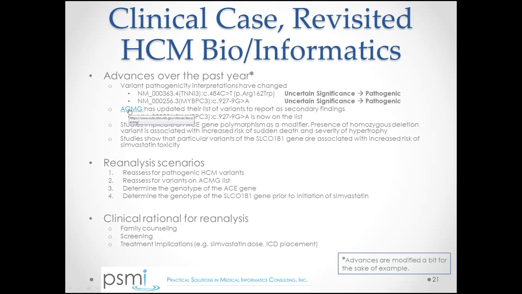Also, over the past year, the American College of Medical Genetics and Genomics has updated their list of variants to report as secondary findings. You may recall that when labs do next generation whole genome sequencing, they report back targeted results based on what was ordered or what the ordering clinician was looking for, but there's also a list of variants that if they happen to find them incidentally, the ACMG recommends that they also be reported.